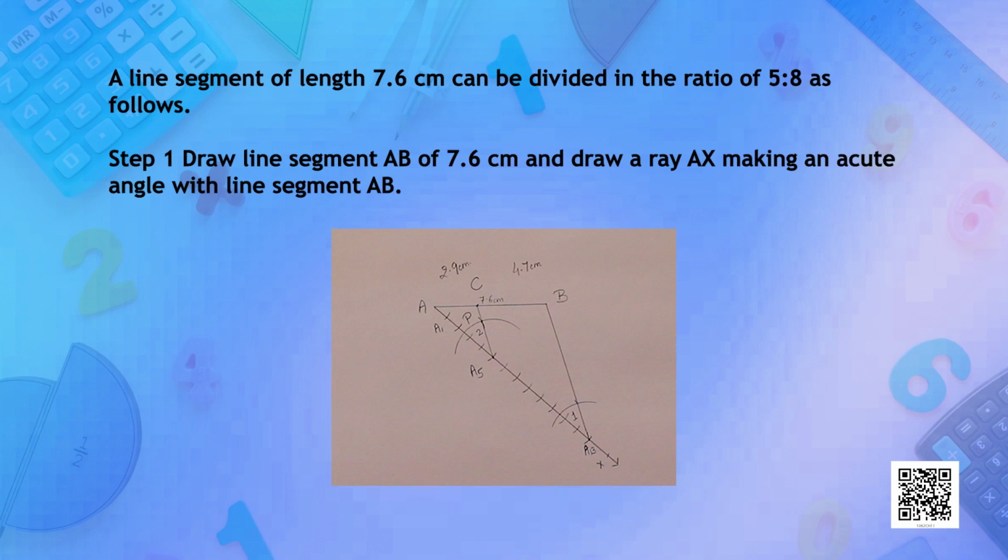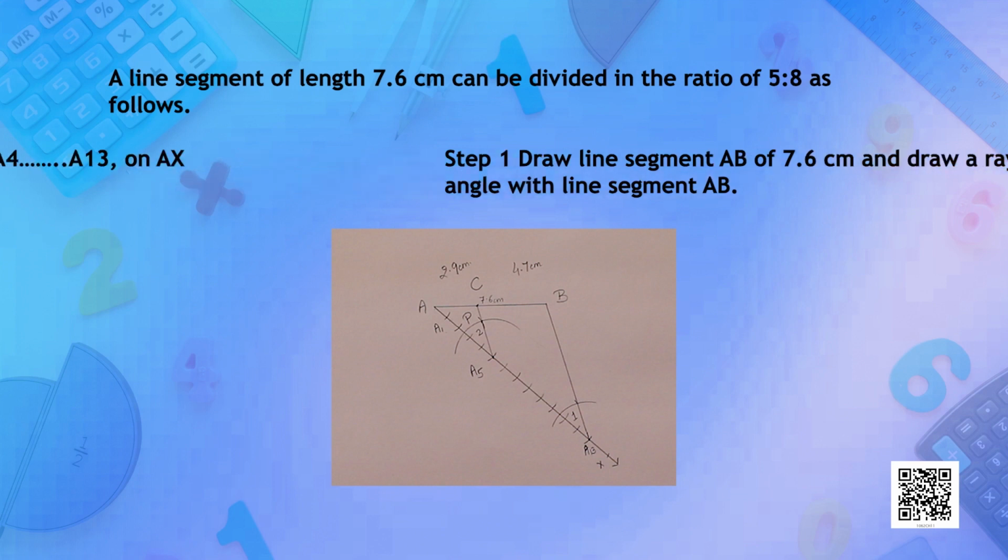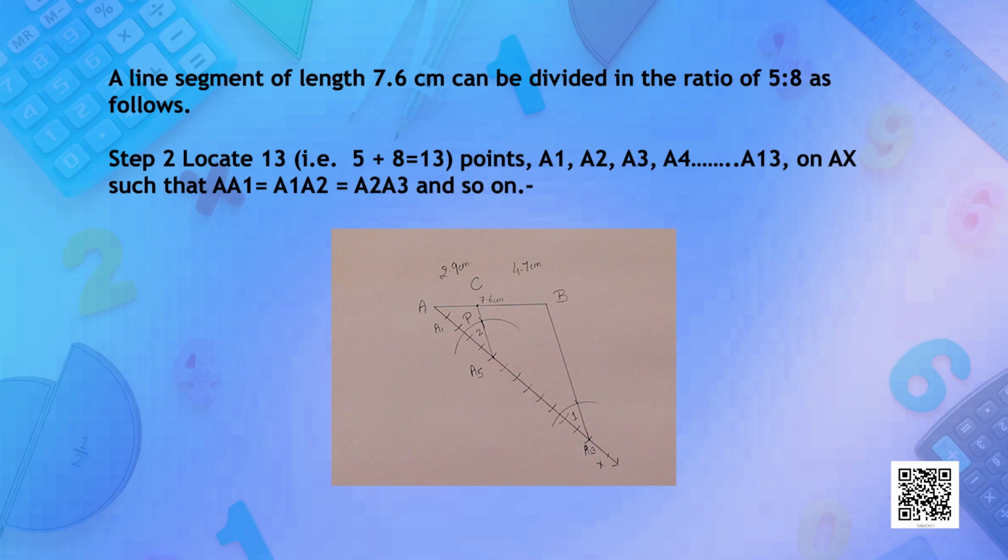Then draw ray AX making an acute angle with line segment AB. Next step will be locate 13 points A1, A2, A3, A4 up to A13 on ray AX such that AA1 is equal to A1A2 is equal to A2A3 and so on. All these parts are equal.